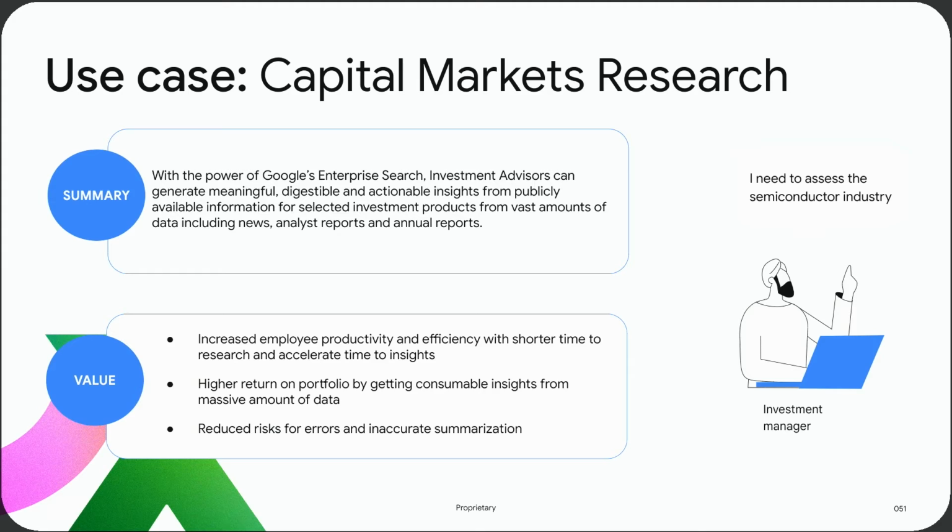It also provided them a much better return because the insights that were generated were actionable right away. So it reduced that time, as well as by being able to leverage technology to do that, it reduced the risk of errors and inaccurate summaries that could be put together because, as we know, humans make mistakes.